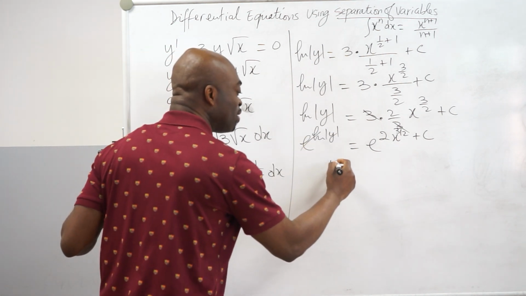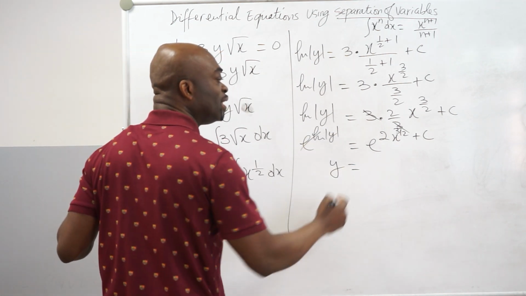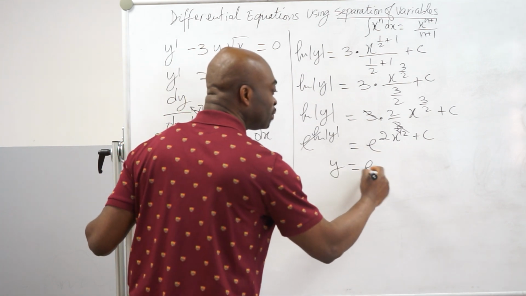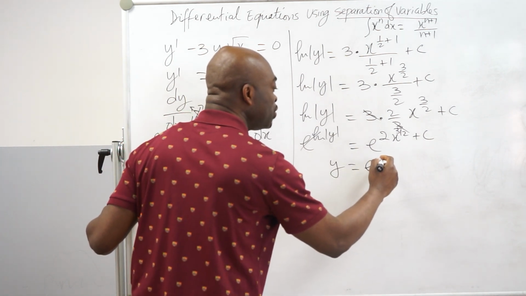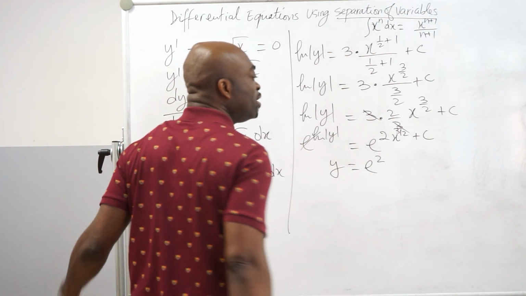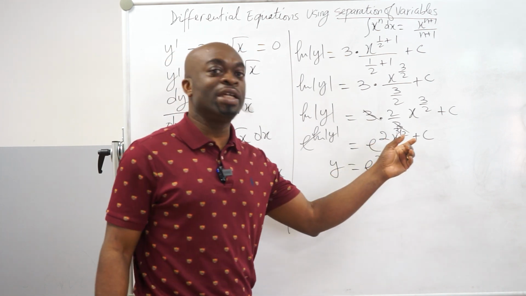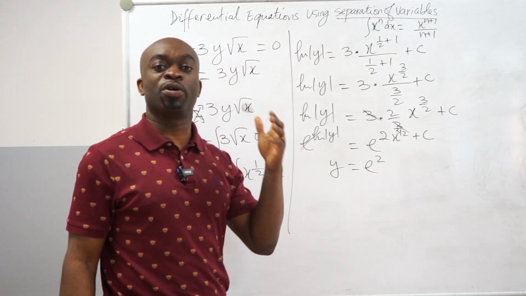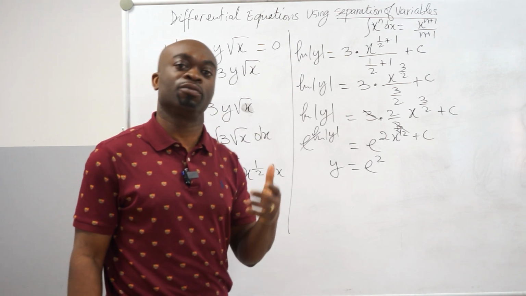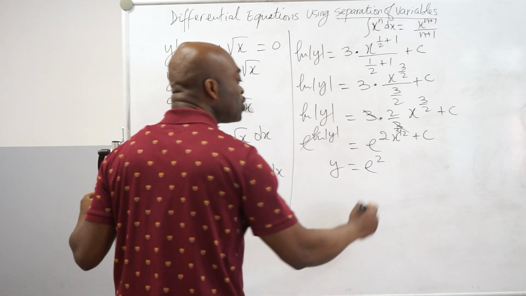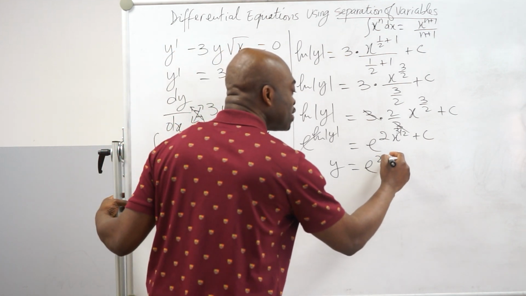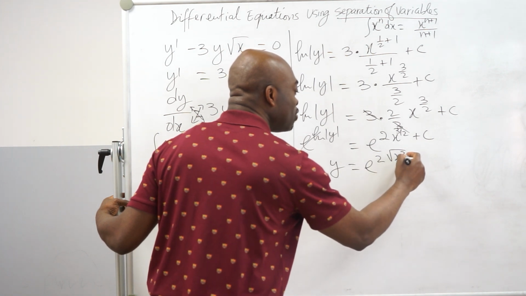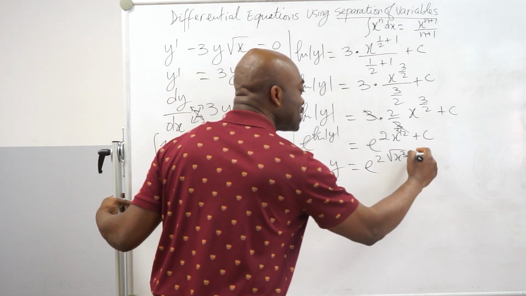These two cross out, so we have y equals exponential of 2 times x^(3/2) plus c. Then can we change again the x^(3/2) into a radical? We can do that. Okay, so that would give us the square root of x^3, then plus c.